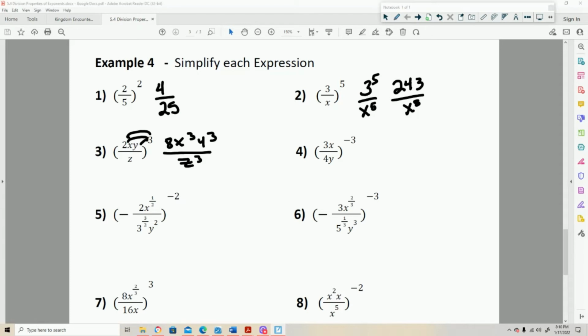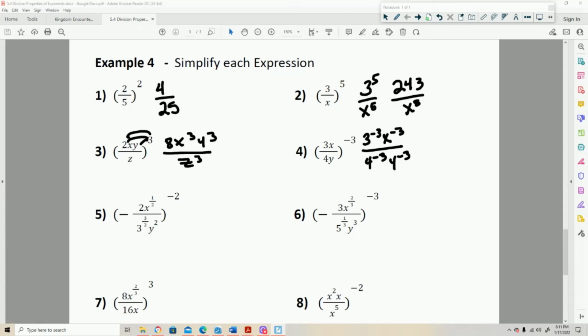Okay, this one, we're going to distribute it. We get 3 to the negative 3. We get x to the negative 3. We get 4 to the negative 3, and we get y to the negative 3. Okay, these basically change places, so everything just switches. The top goes to the bottom because they're both negative.